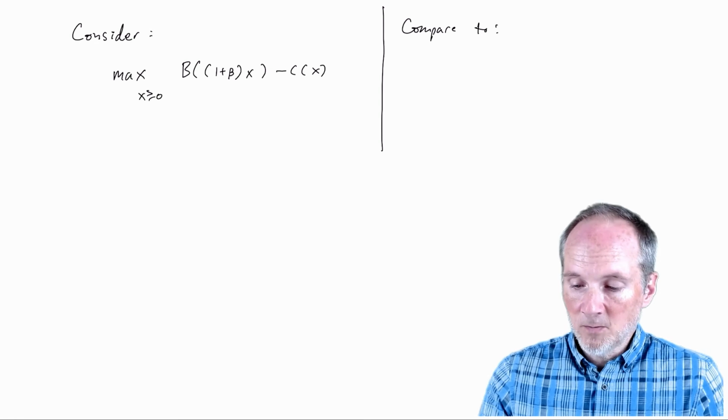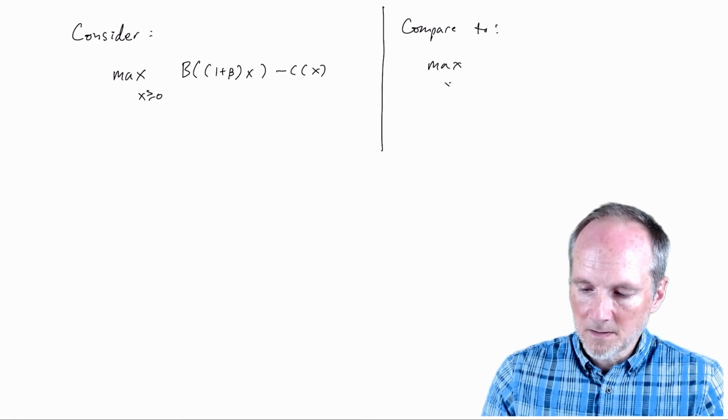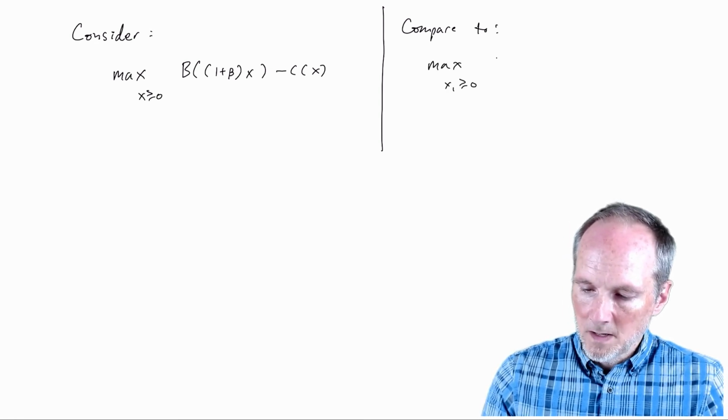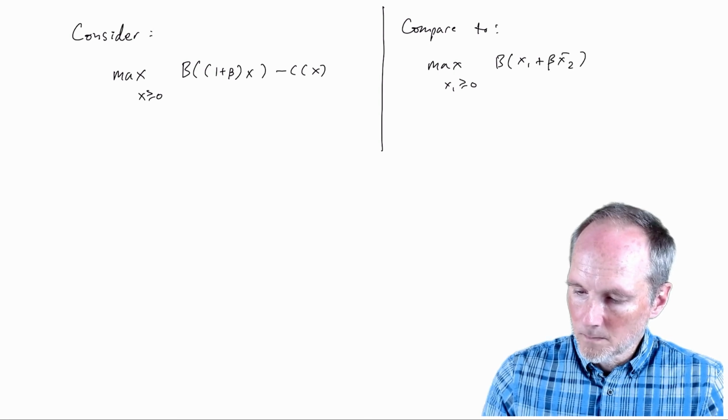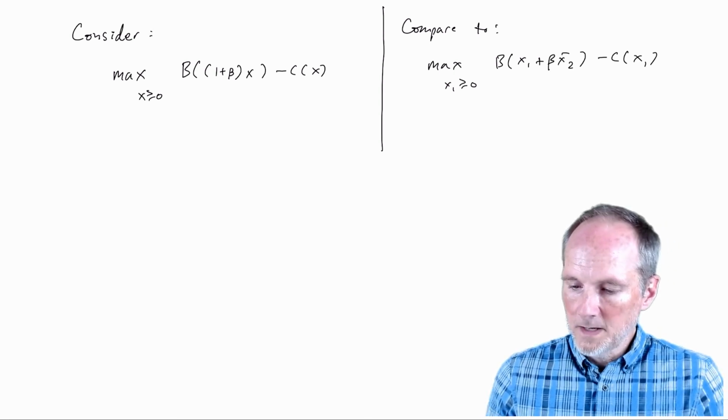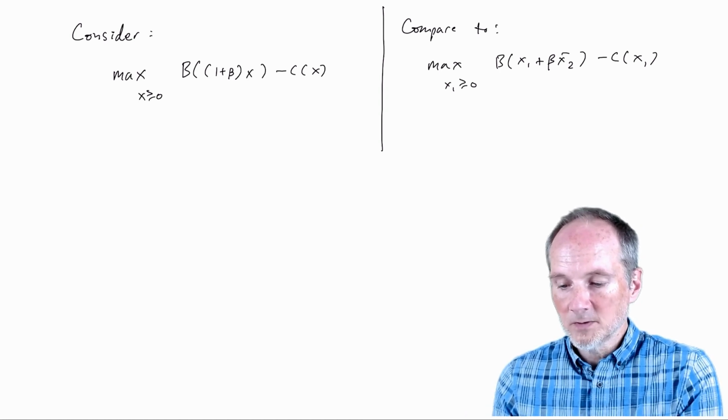So decision maker 1, for example, was maximizing with respect to x1. Okay, so that was kind of similar looking.